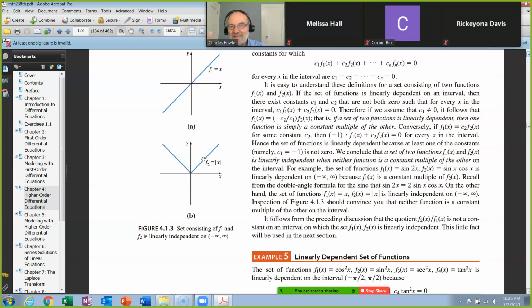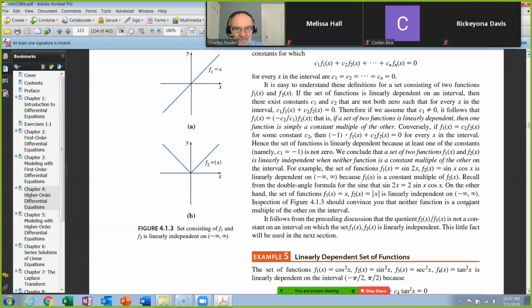There's no way you can get one from the other on that interval. Now, if you restricted your interval to 0 to positive infinity in both cases, yes, they're exactly the same function, okay? But not if you include all real numbers. They are linearly independent on the whole number line, negative infinity to positive infinity.